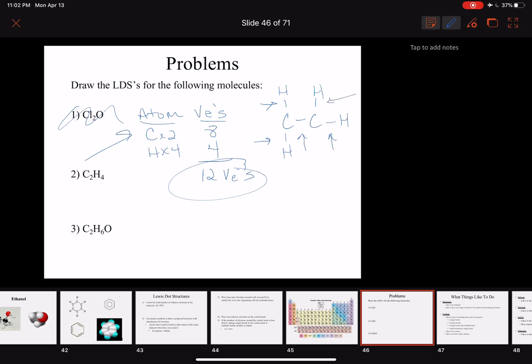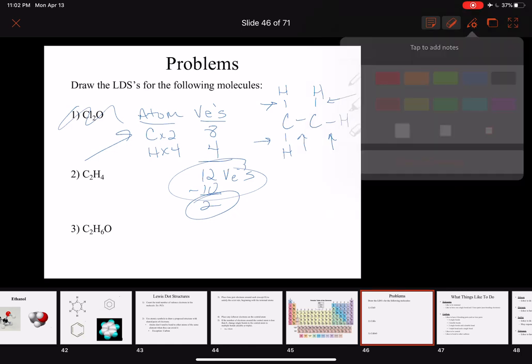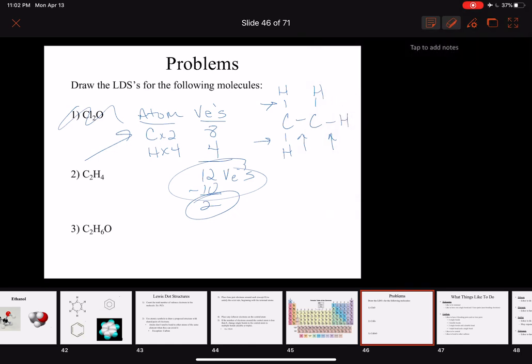Now the rules said after this, what we're going to do is distribute any leftover electrons, which we have 2 of, to the terminal atoms unless they are who? Hydrogen, that's right. And all we have for terminal atoms is hydrogen, so we can't distribute those 2 leftover electrons to the hydrogens here.